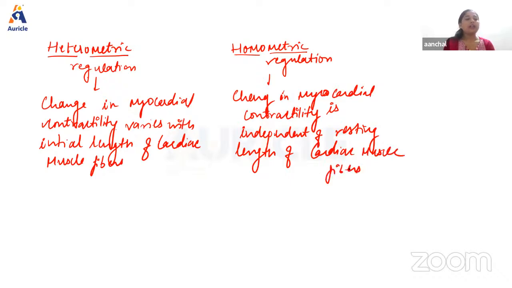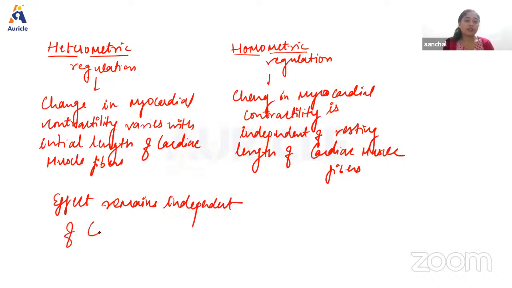Here in heterometric, the effect is independent of cardiac nerve supply. So the effect remains independent of cardiac nerve supply. There will be no effect as such of cardiac nerve supply seen.